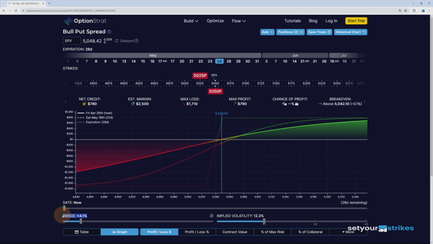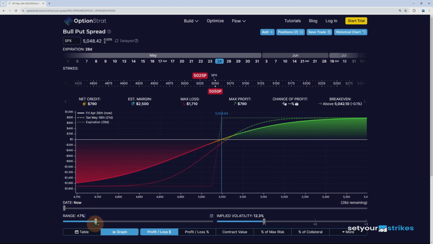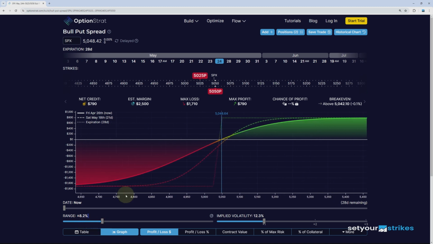It says 4%. So it's basically drawn this diagram with a scale of plus or minus 4%. So if we're expecting a larger move in the S&P 500, we could zoom out, and then we could see with a larger move, yes, we're going to get closer to that max profit.